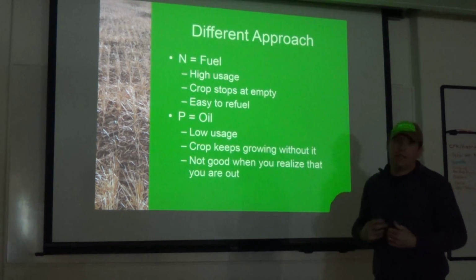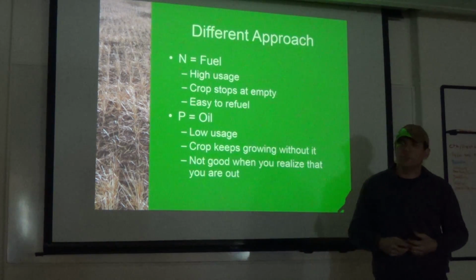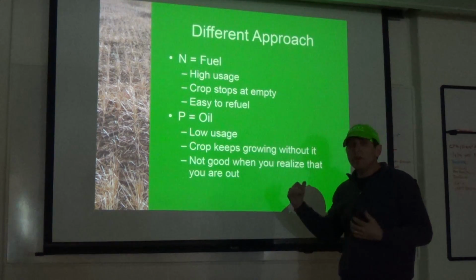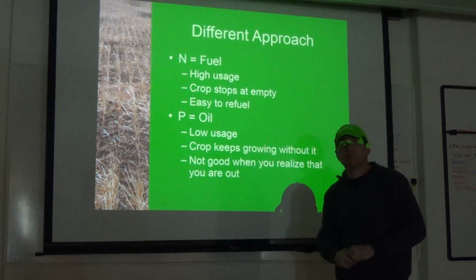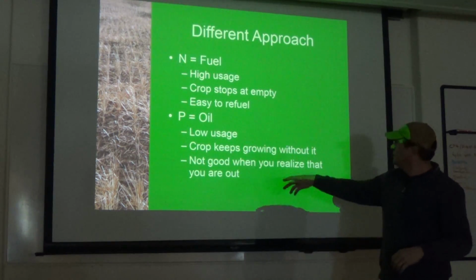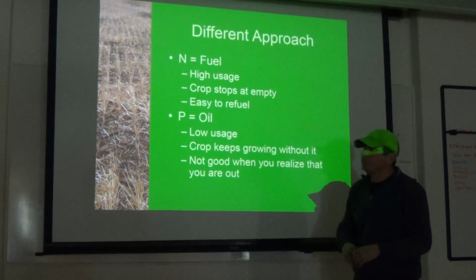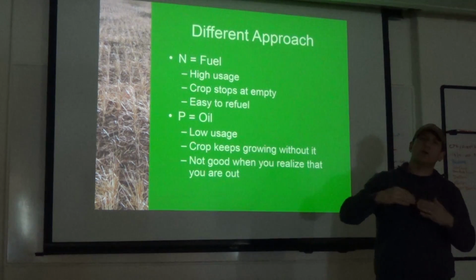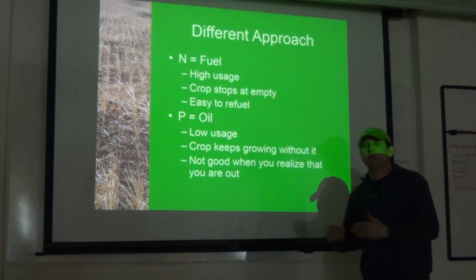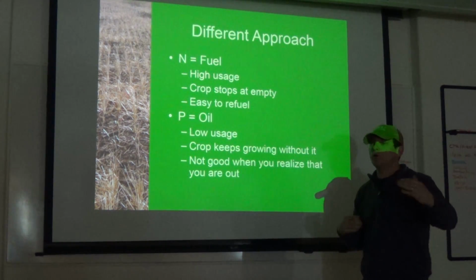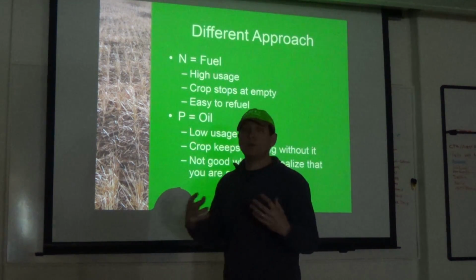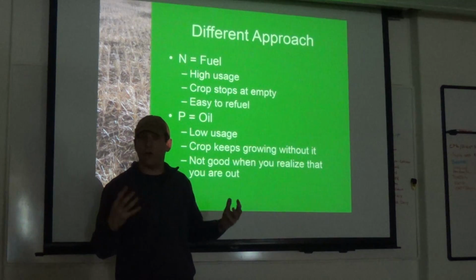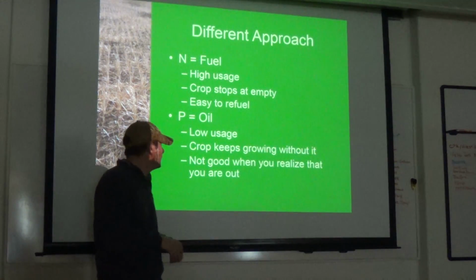Phosphorus, on the other hand, is more like the oil system of your car. We don't use a lot, quarts of oil for 3,000, 5,000 miles. The crop keeps growing even when we run low on oil. Just like your car, you can be way low on oil and keep running. Might not be the best thing for the car at the time, but you don't notice it until a disaster breaks out.